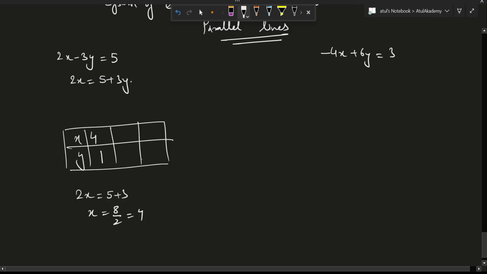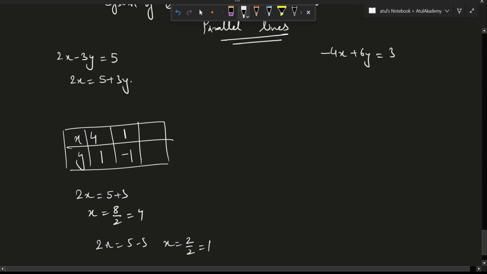Y as 0 won't work, we'd get a fraction. Let's put y as minus 1. When I put it as minus 1, 2x will be 5 minus 3, so x will be 2 by 2, that is 1.